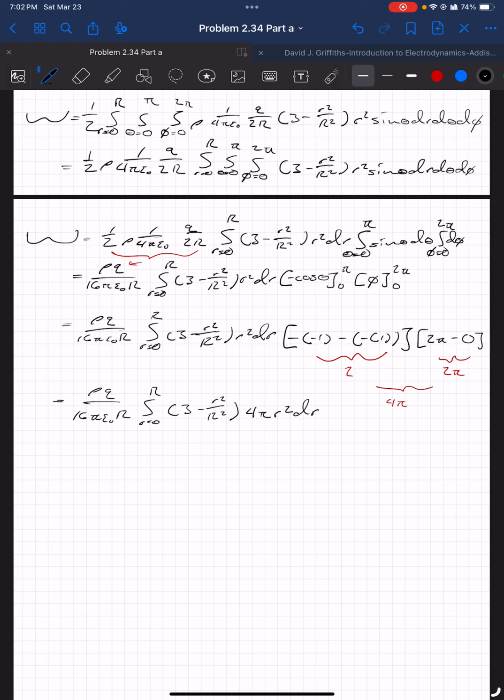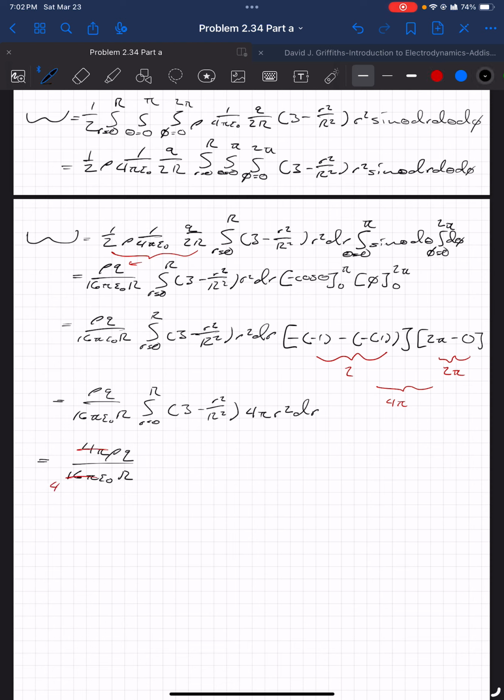Now, if we pull out the 4 pi, as it's a constant, then we'll have 4 pi rho q over 16 pi epsilon naught r, which will cancel out with the bottom, leaving a 4 behind here.